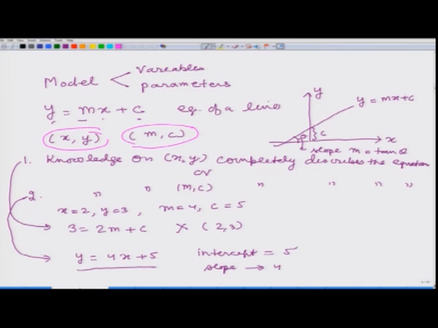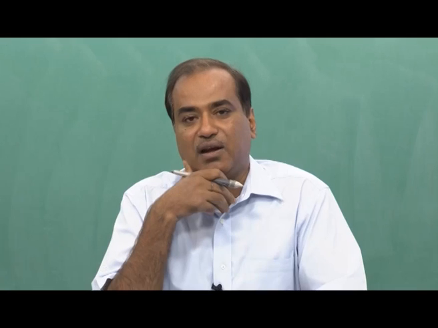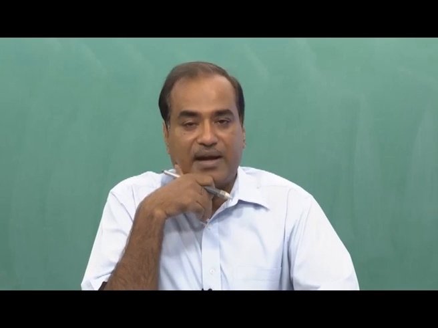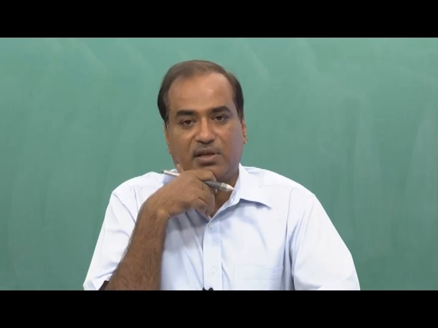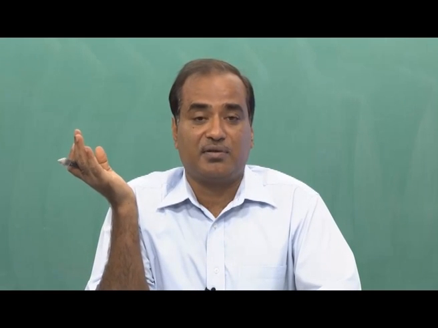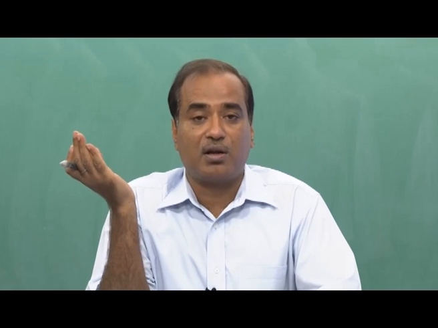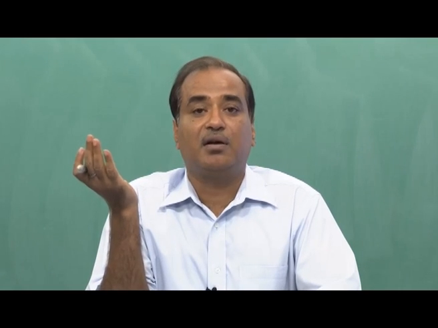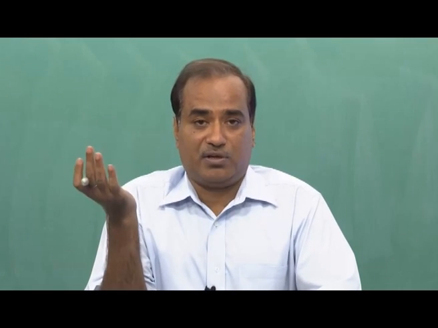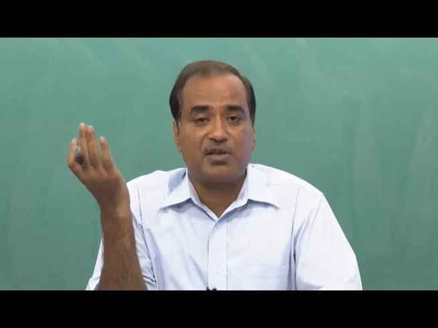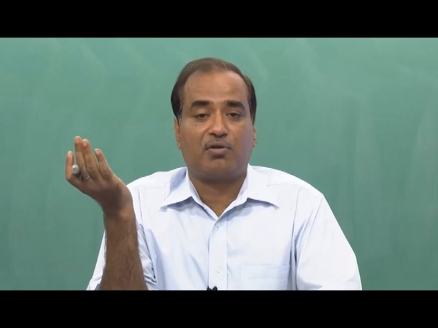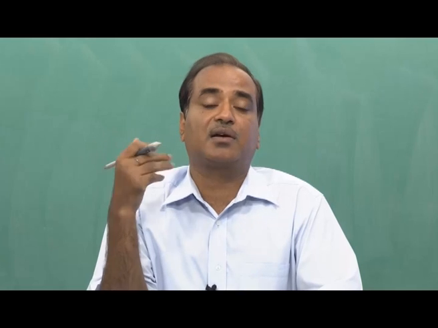So, in layman's language, x and y are my variables and m and c are the parameters. Parameters are essentially the components of a model which determine the entire equation, or in our language, parameters are the components of an equation which describes the complete model.